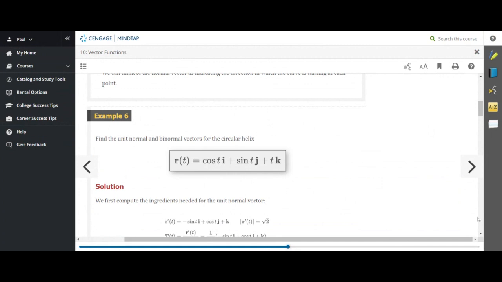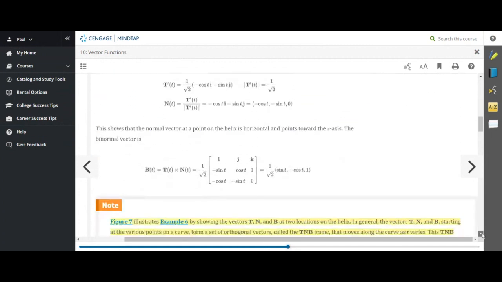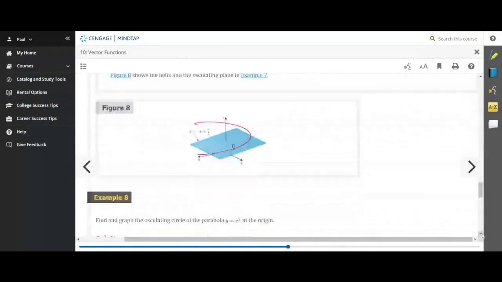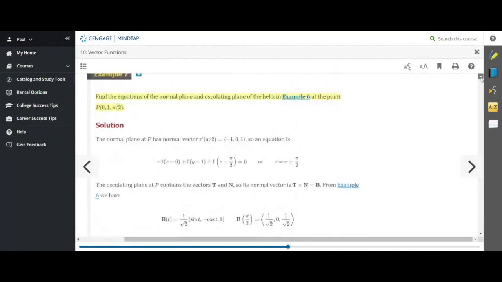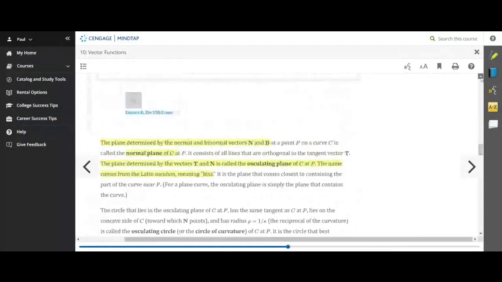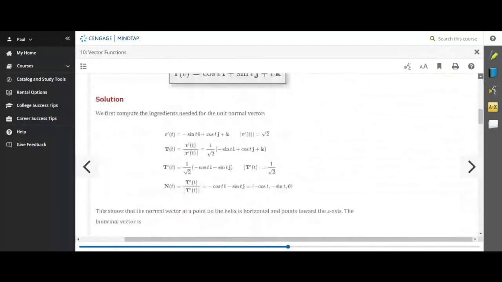Okay, and if we now go back to example 7, there's a picture of our point P on our space curve. So the first thing we're going to do is find the normal plane. Back in example 6, remember, they computed, hold on, one moment.